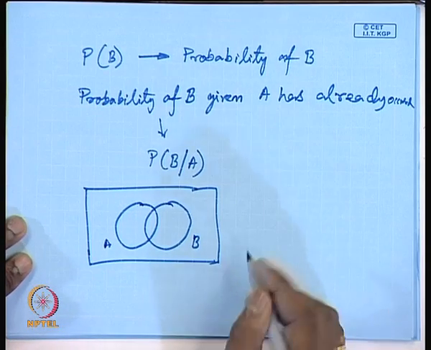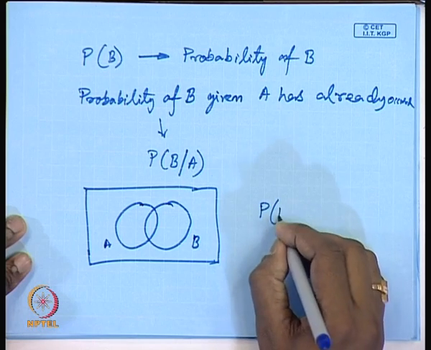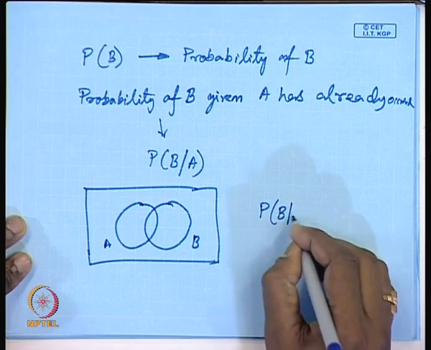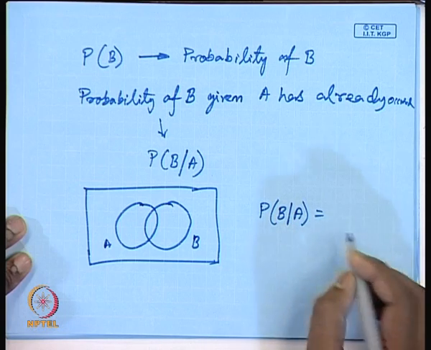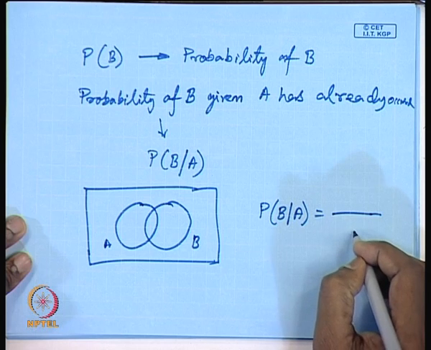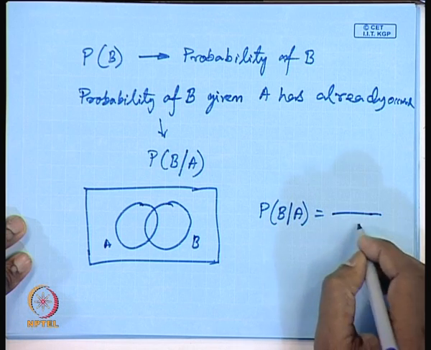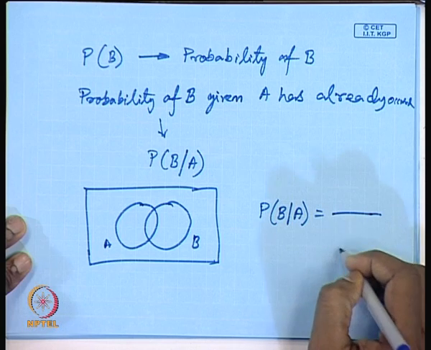Now, from the traditional definition of probability, we are interested to know the probability of B on condition A. There must be something in the numerator and something in the denominator. In the denominator, we should get the total possible space.